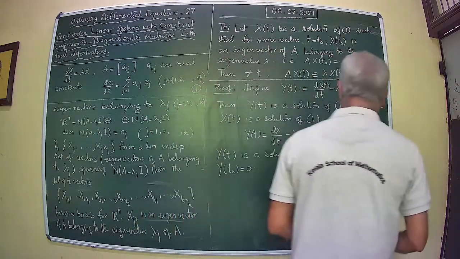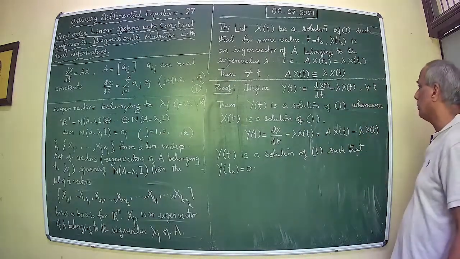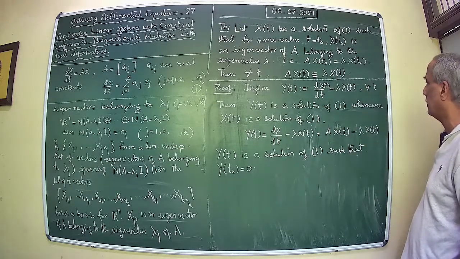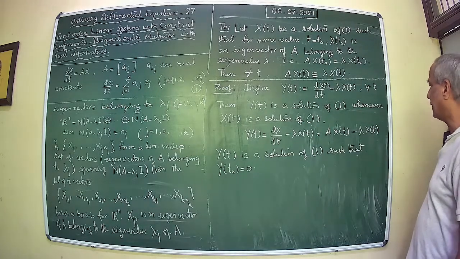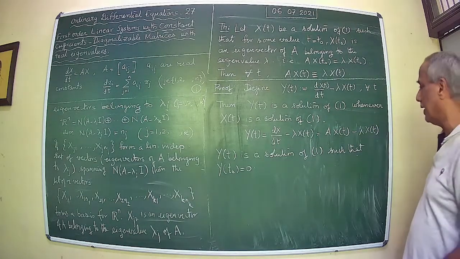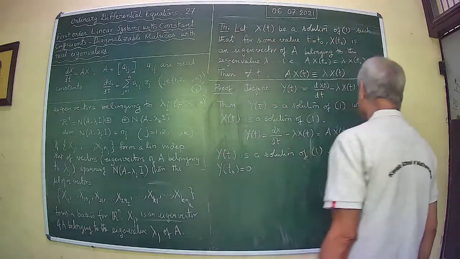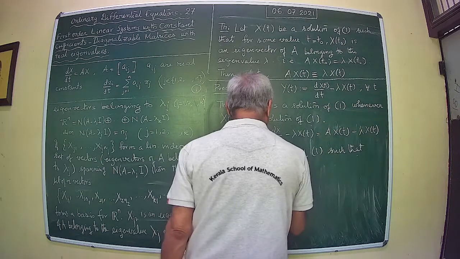Why yt not equal to 0? Because y of t naught is equal to dx by dt at t naught minus lambda x t naught, which is A x t naught minus lambda x t naught. This comes from here. Okay. Therefore, what you get? See, this is true.